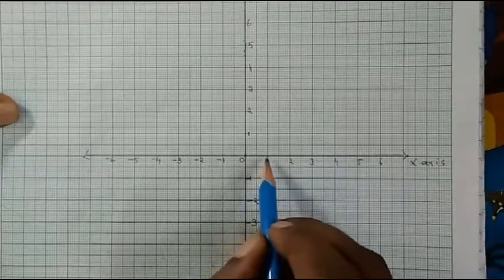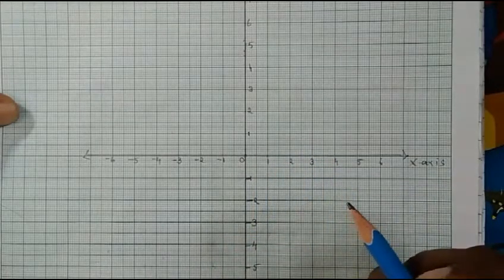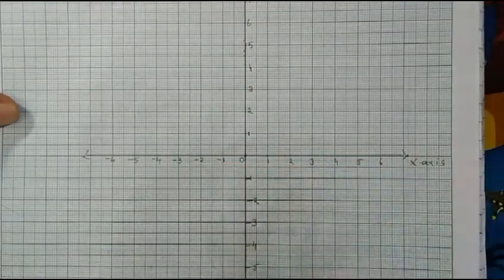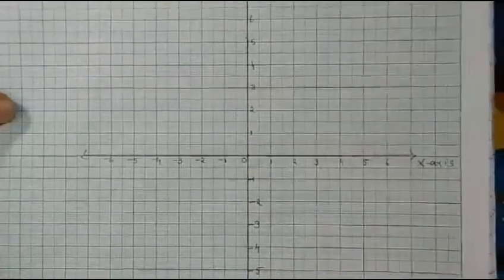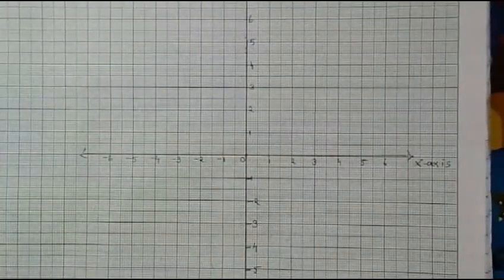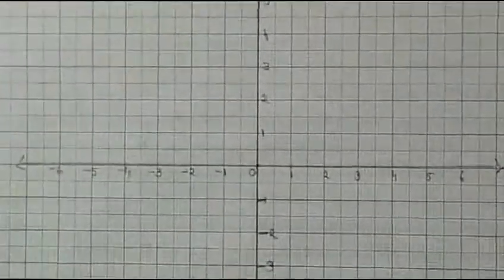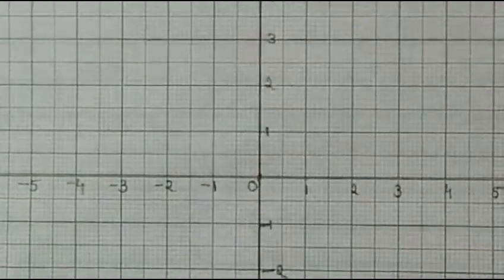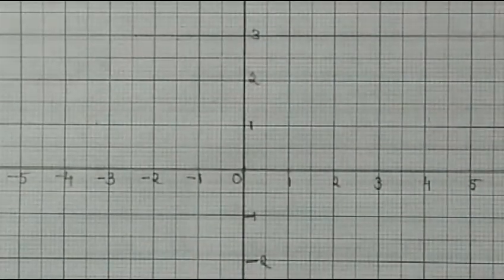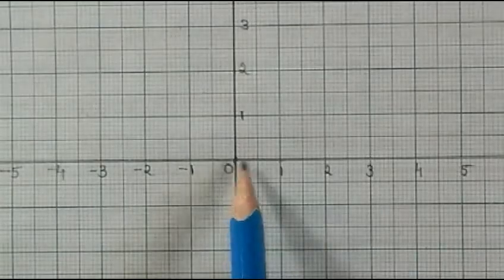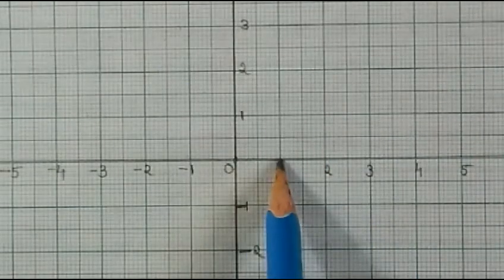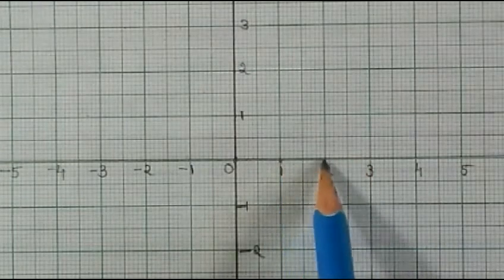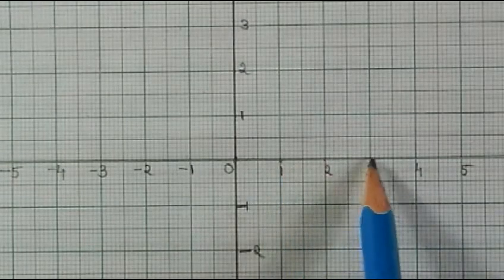So on x-axis and on y-axis, 1 centimeter we have taken as 1 unit, like these boxes you can see, no? I'll just explain to you. See, this distance, we take 1 centimeter as 1 unit, and in the same way this box, then this point.